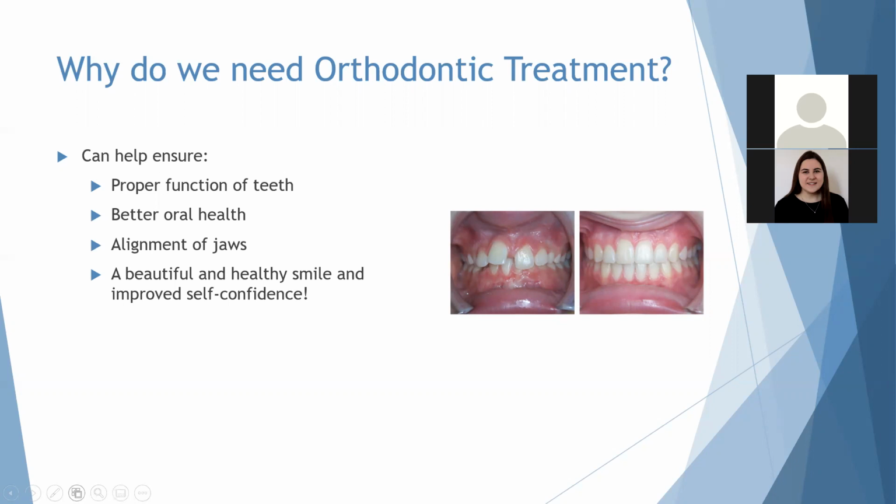Also, orthodontic treatment can help protect teeth. For example, the growth of upper and lower jaws can be corrected. It would create sufficient space for natural permanent teeth to erupt. And of course, improved self-confidence and a healthy smile is an added bonus as well.